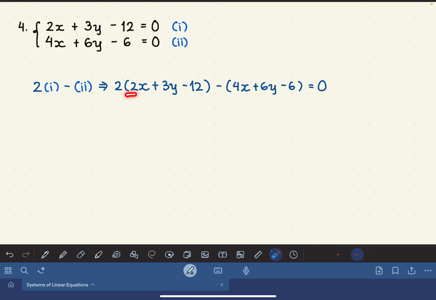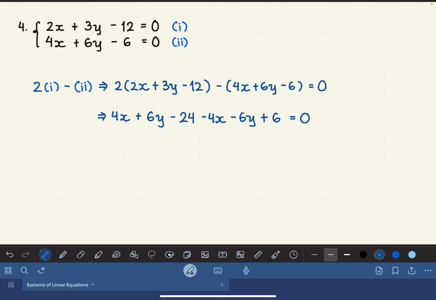So again, this one came from the left side of the first equation, this from the left side of the second equation, and then adding zeros out here. Let's simplify. So we multiply 2 to this expression out here. We will obtain 4x plus 6y minus 24. And for this next one, distribute the negative sign. We will have here minus 4x minus 6y plus 6 equal to 0.